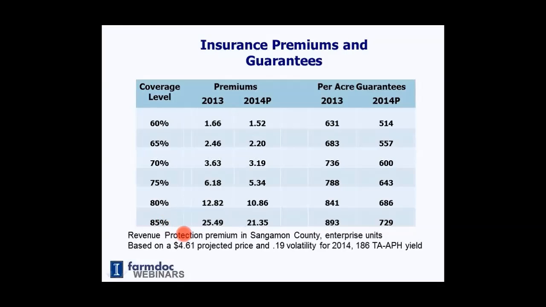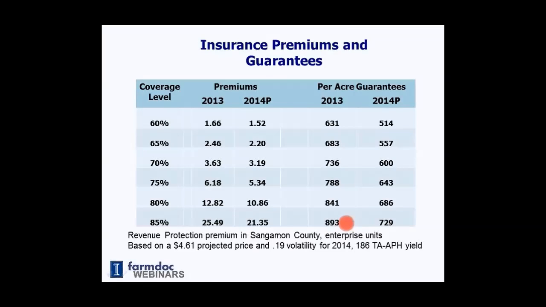Last year, an 85% coverage level policy in Sangamon County with a 186 bushel trend adjusted yield would have a $25.49 premium. Premium in 2014 will be $21. We're likely to see lower premiums in 2014 than in 2013 by a couple dollars at the higher coverage levels, and that will vary across counties. So some counties may see a decline more or less than that.